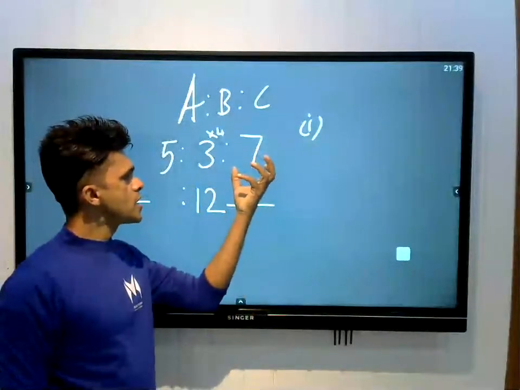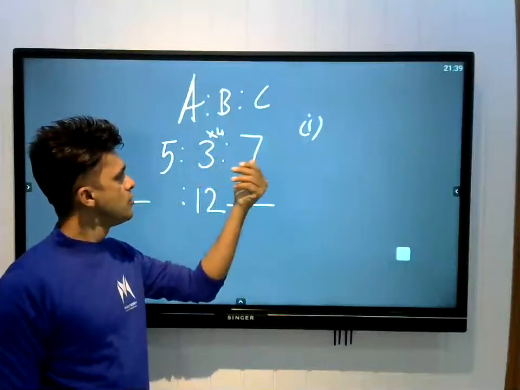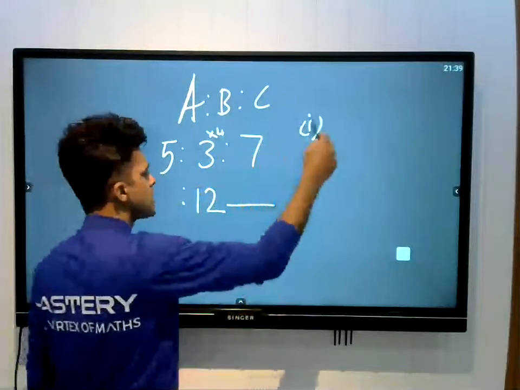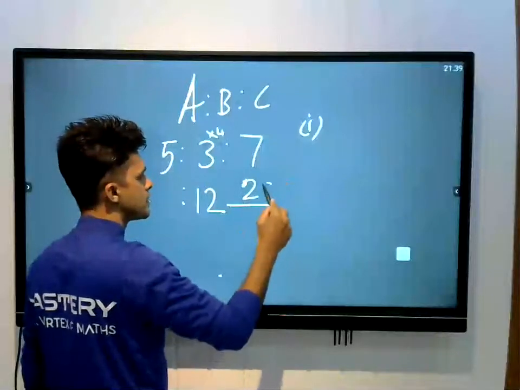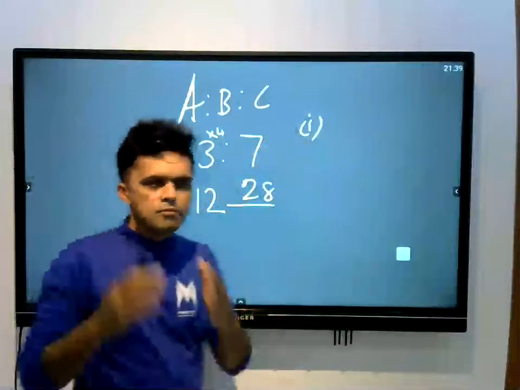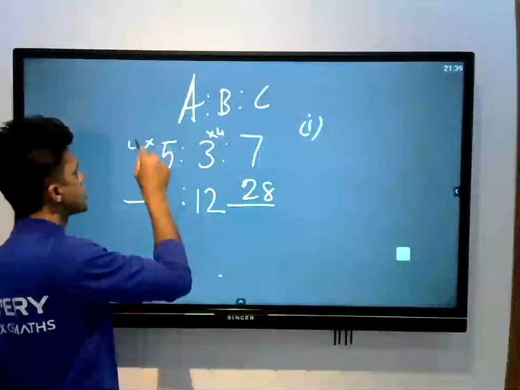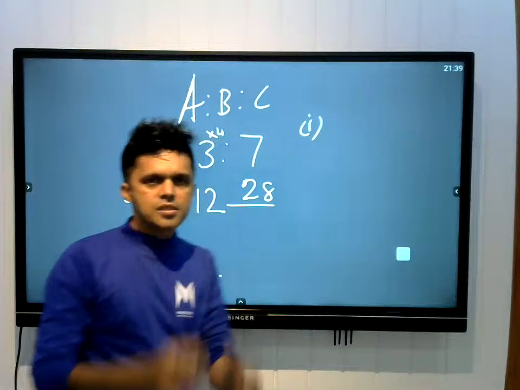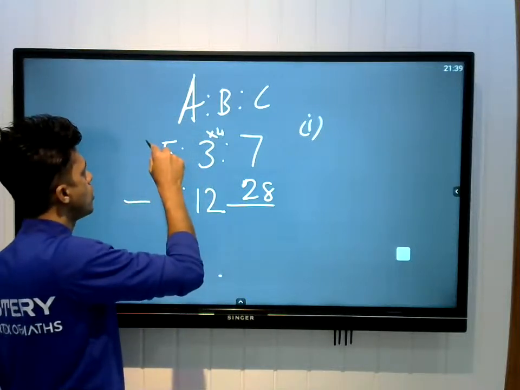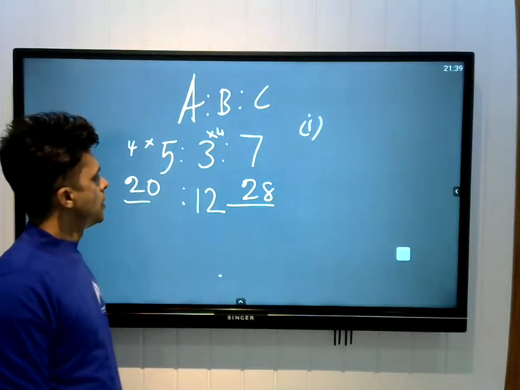Likewise, here you need to multiply 7 by 4. 7 times 4 is 28. Likewise, 5 times 4 is 20.